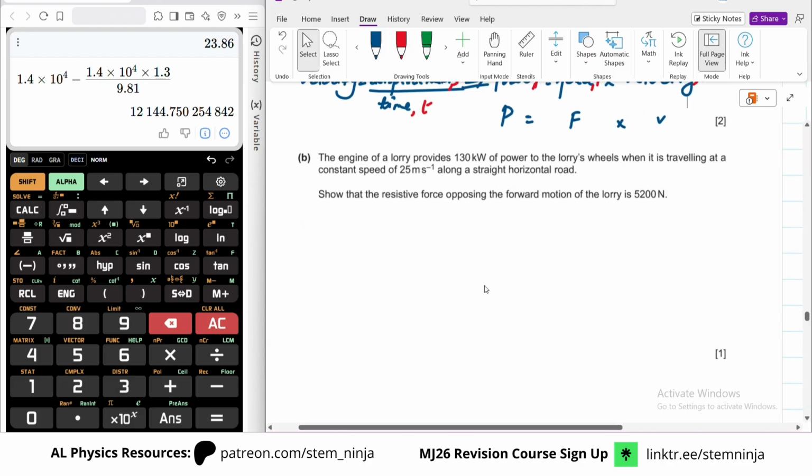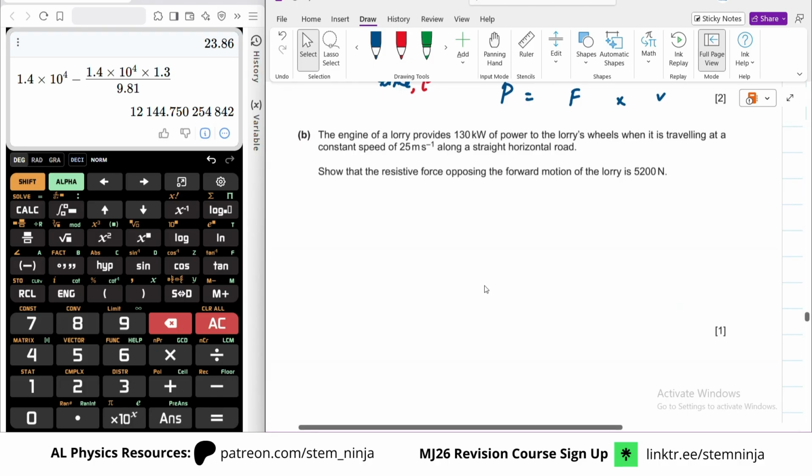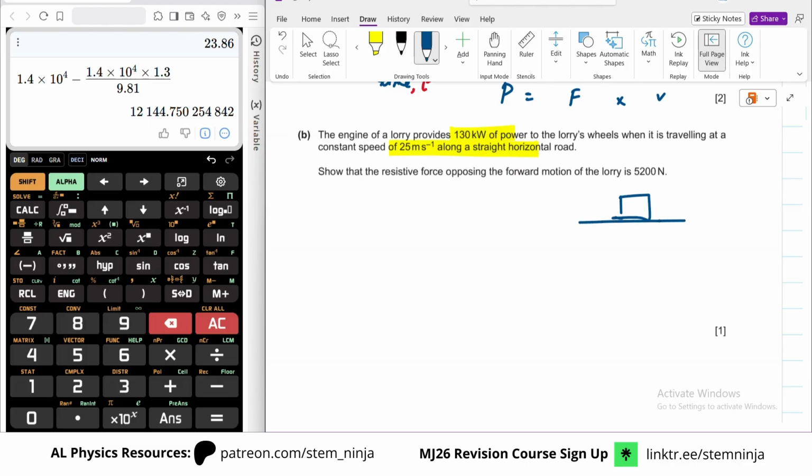That's it. The engine of a lorry provides 130 kilowatts of power to lorry's wheels when it is traveling at a constant speed of 25 meters per second along a straight horizontal road. Show that the resistive force opposing the forward motion of the lorry is 5200 newtons. Okay, so basically what this means is that the lorry is traveling forward, so obviously there is going to be a driving force also, and there is going to be the resistive force.